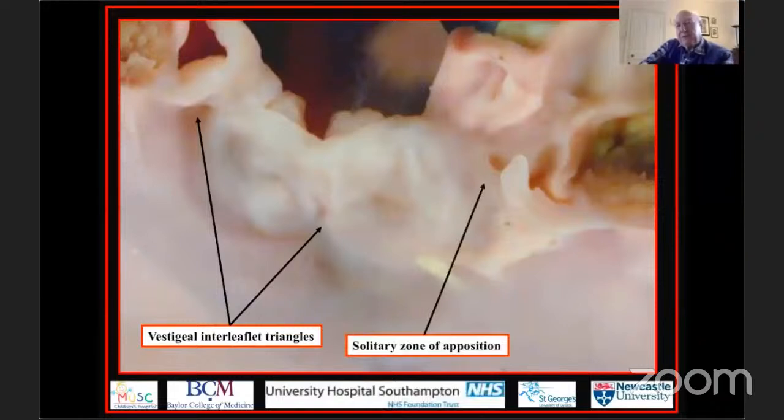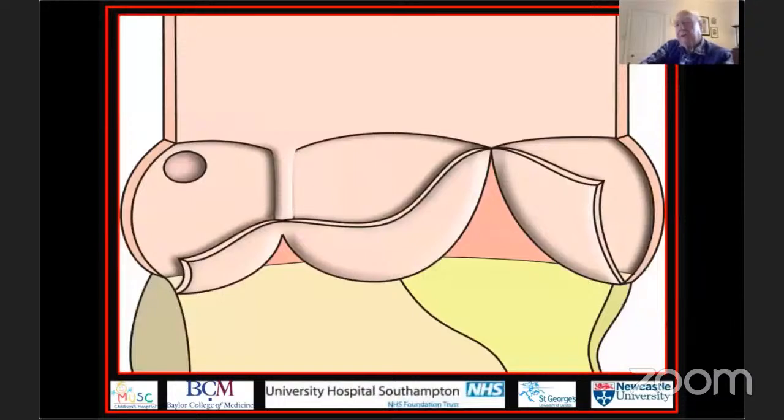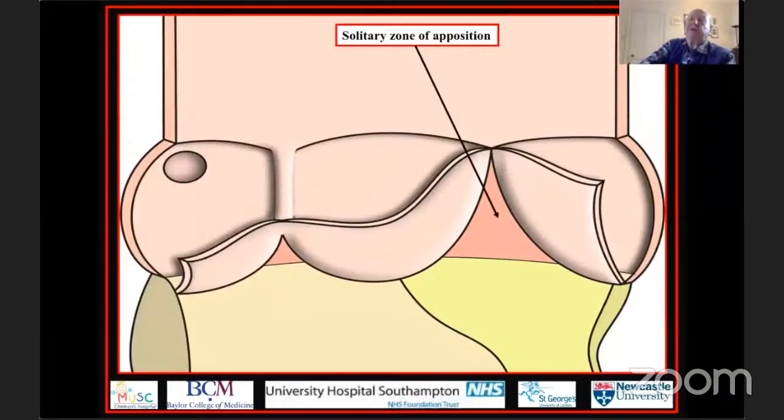Because the essence of the unicuspid and the unicommissural variety is that there is only a solitary zone of apposition in the skirt of valvar leaflet tissue, and that points back towards the mitral valve. So if I make a drawing to show you what's going on, you see there is the solitary zone of apposition within the skirt of valvar leaflet tissue, and it's pointing at the mitral valve.